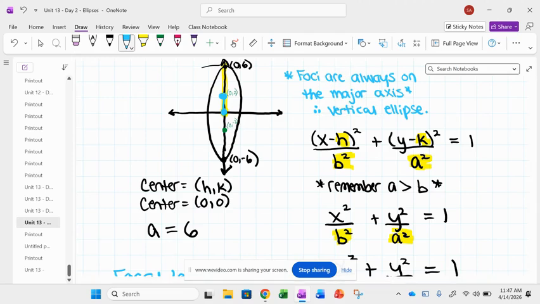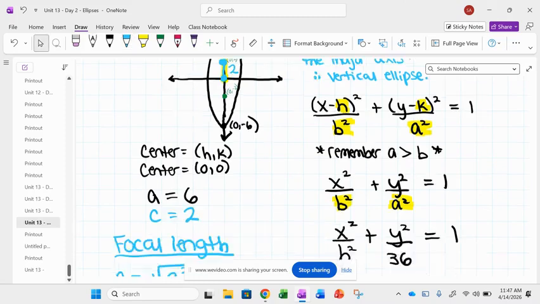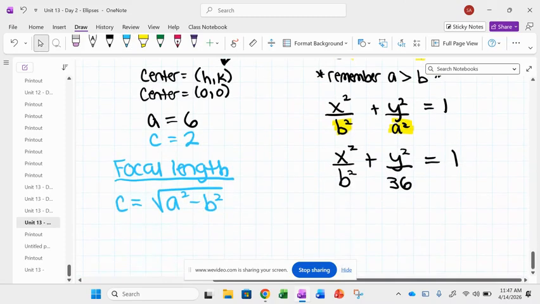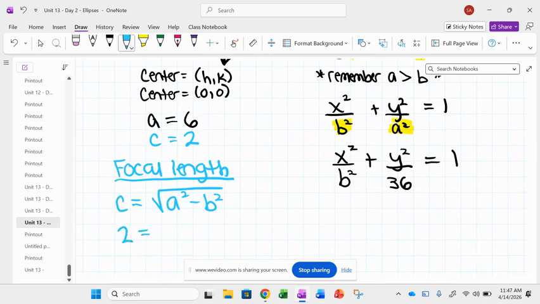So if my center is 0, 0 and one focus is 0, 2, how many units is that? 2. So what does that mean? C is equal to 2. So now I'm going to use A and C to solve for B. So I'm going to say 2 is equal to the square root of 36 minus B squared.